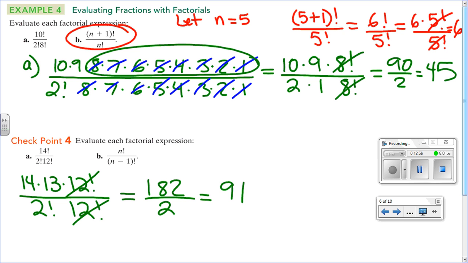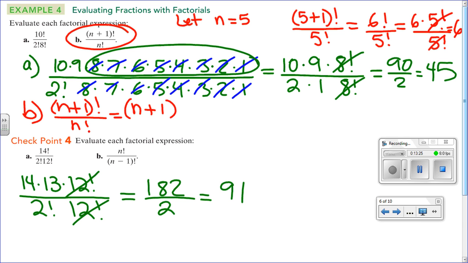Okay, now I'm going to do it with letters, okay? So n plus 1 factorial over n factorial. So what is my biggest term on the numerator? The biggest. The one I should start with. N or n plus 1? N plus 1. That's the biggest. So n plus 1 is the first term.